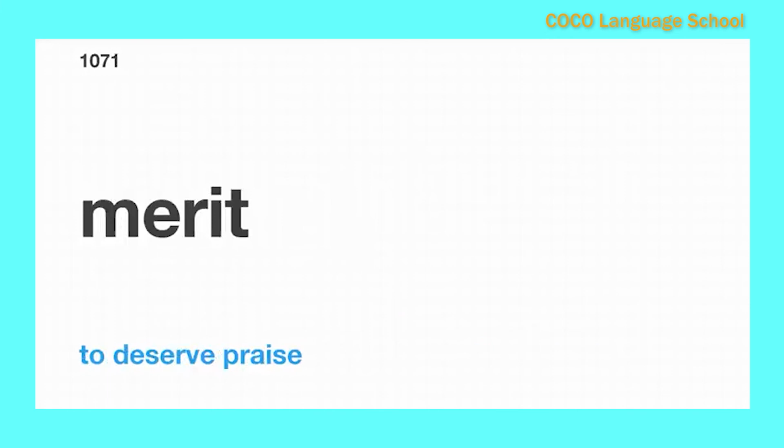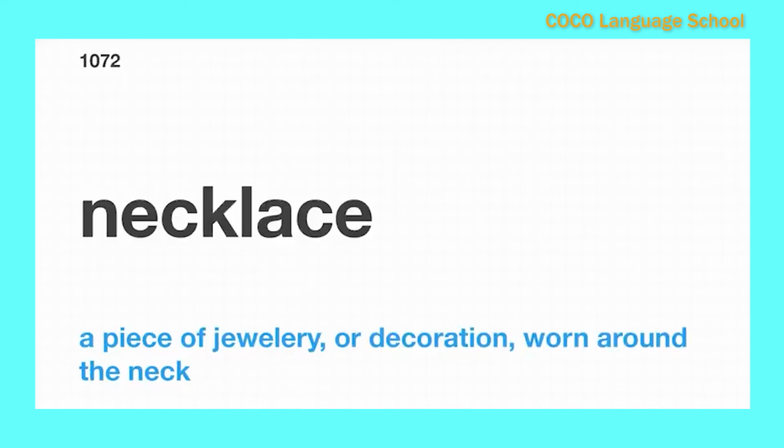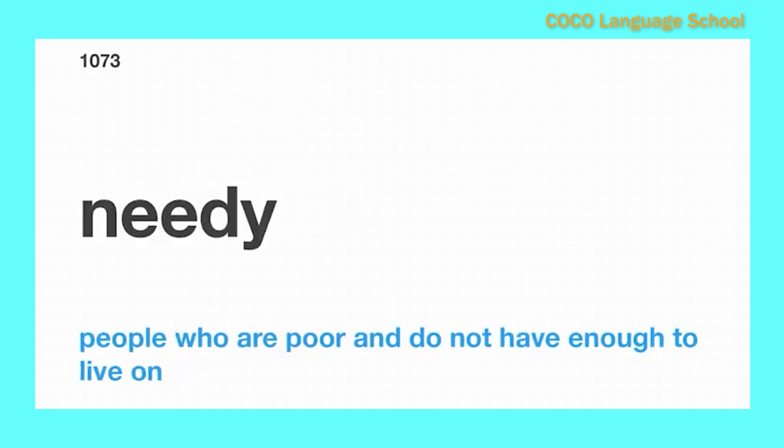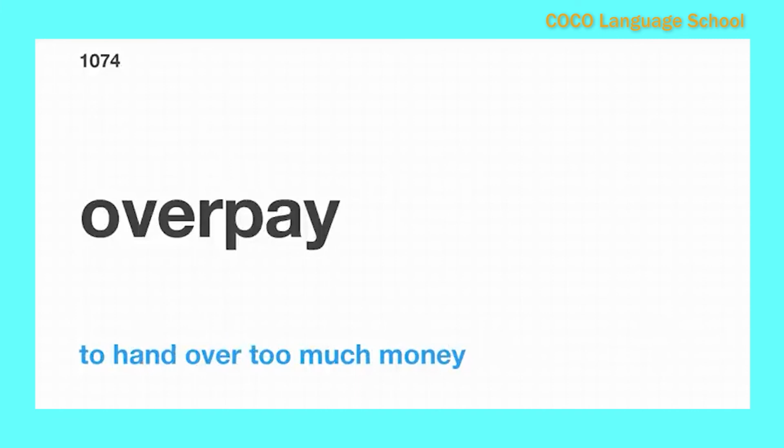To deserve praise. Merit. A piece of jewelry, or decoration, worn around the neck. Necklace. People who are poor and do not have enough to live on. Needy. To hand over too much money.